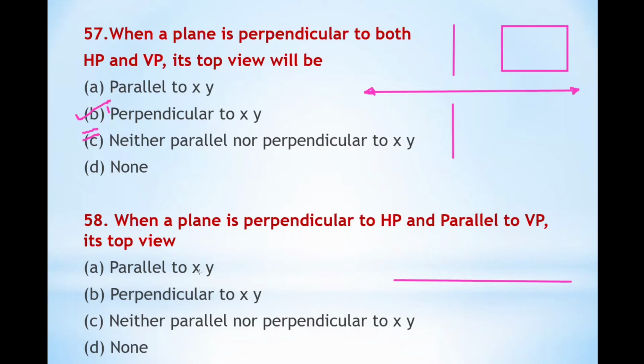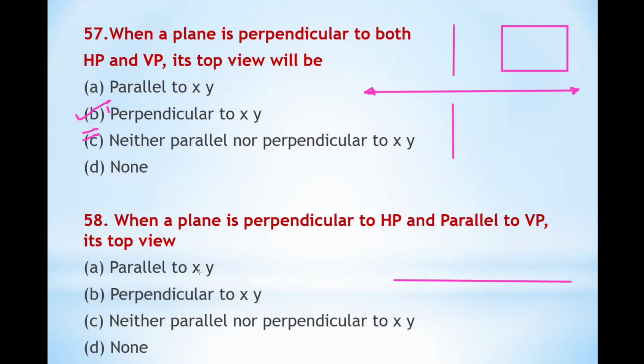We have to remember on which plane it remains perpendicular: whatever plane is perpendicular to HP, its top view we must get as an edge view, meaning the top view will be a line.